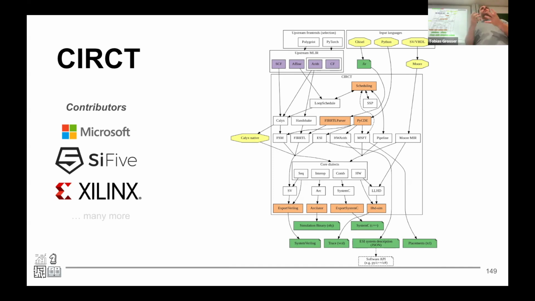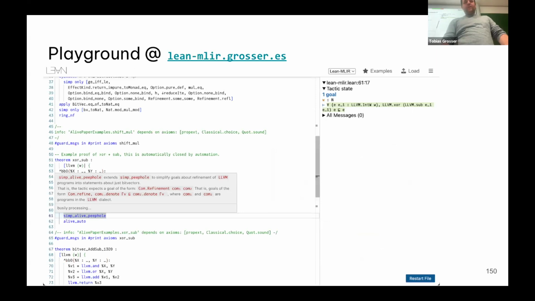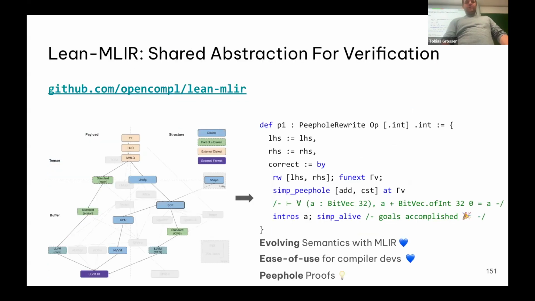For example, BVDecide works well for 32-bit, and if you don't have divisions, it works also for 64-bit. So getting proof automation for arbitrary bit width is actually quite interesting. There's a playground where you can try our Lean MLIR stuff, and that's pretty much what I have slides for.